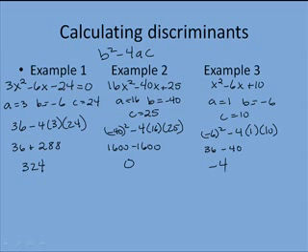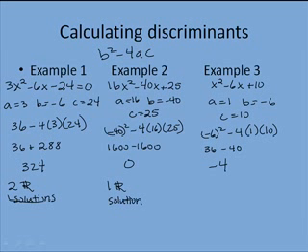Now remember, example 1, we had two real solutions. Example 2, we had one real solution.